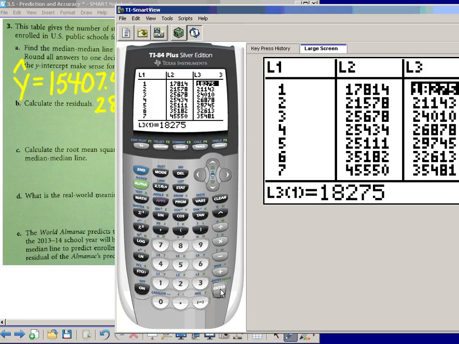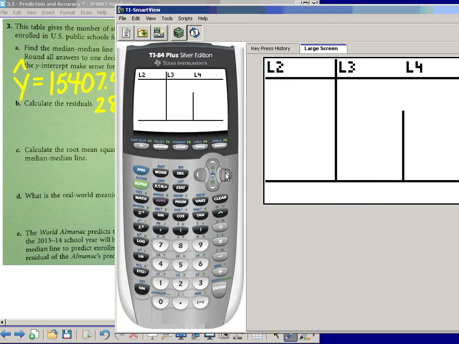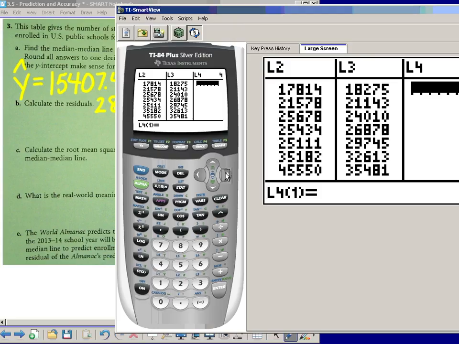Speaking of that, part B wants us to calculate the residuals. So rather than typing in list 2 minus list 3, 25,678 minus 24,010, rather than typing that in 10 times, we can actually just go over to list 4 and scroll up to list 4. This will save you so much time on our next quiz when we get to this stuff.